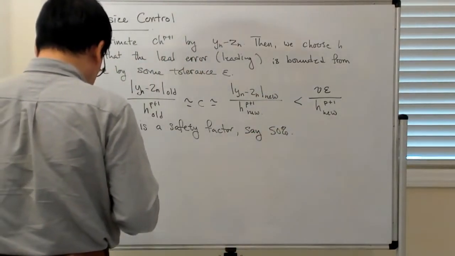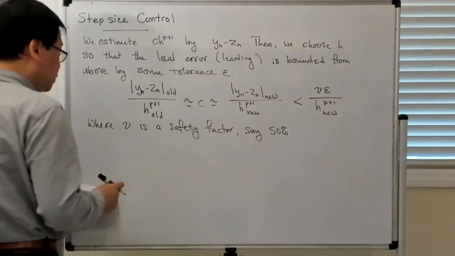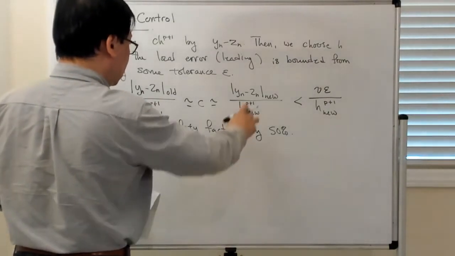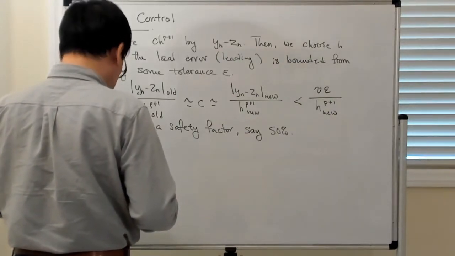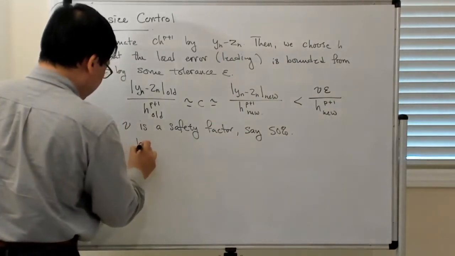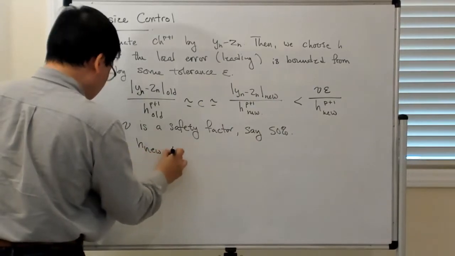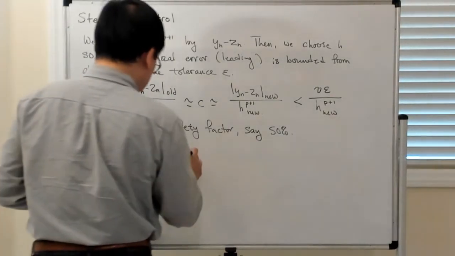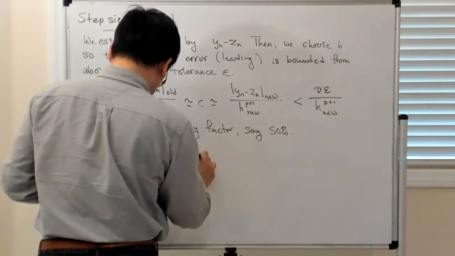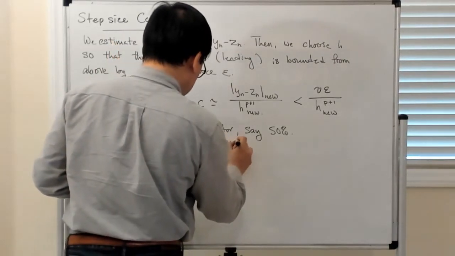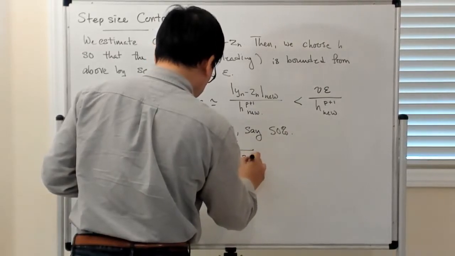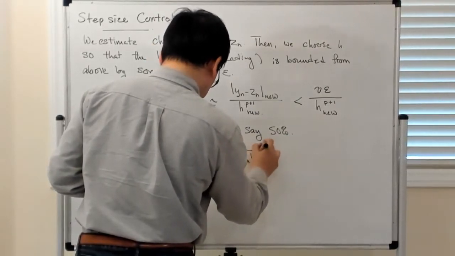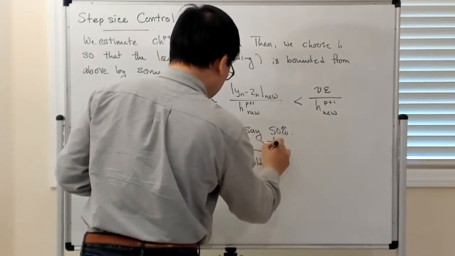Anyway, with this in mind, we can figure out what we need. We want h new to be less than h old times nu epsilon over Yn minus Zn old, to the 1 over P plus 1 power.